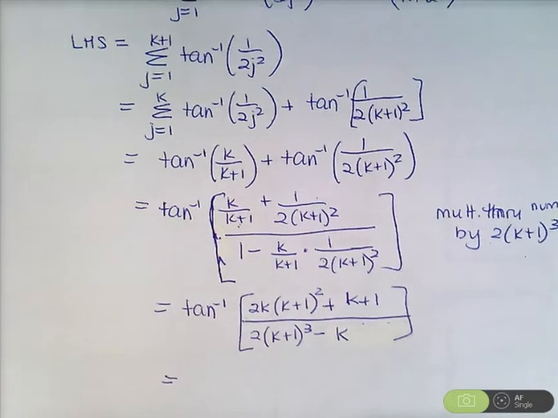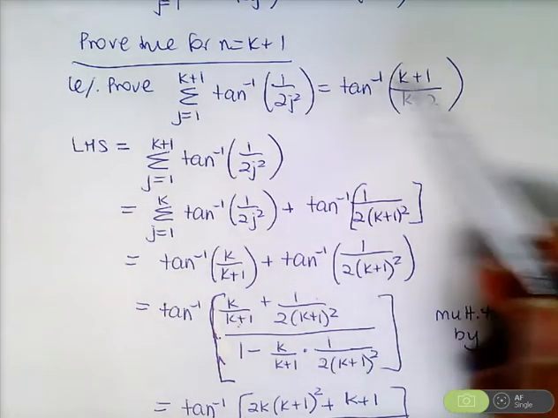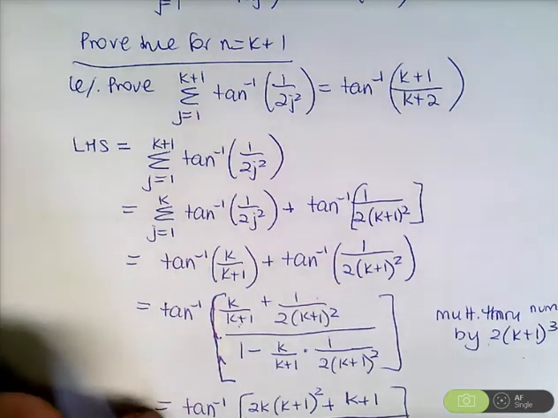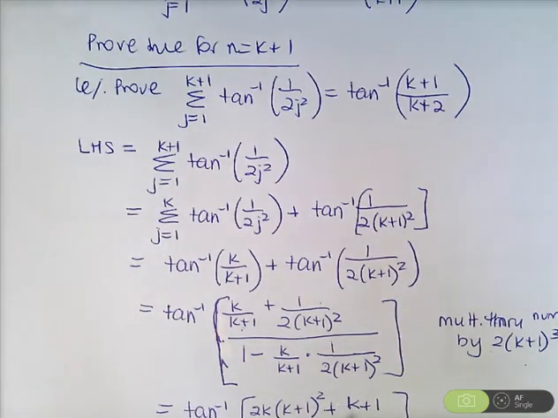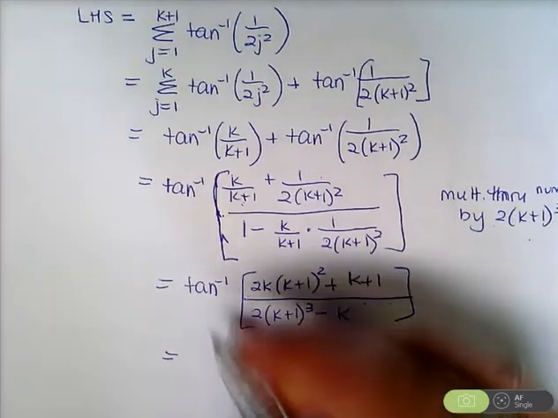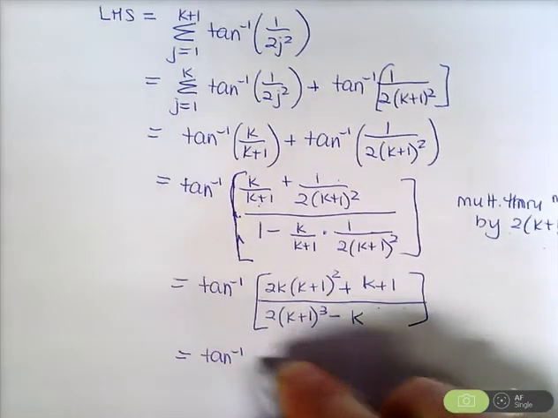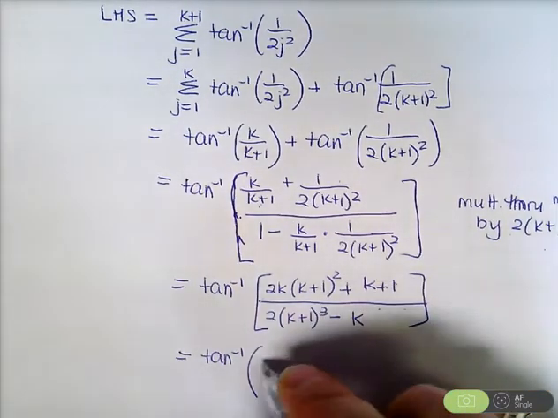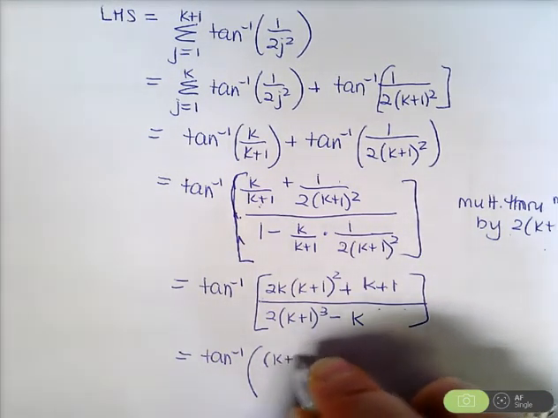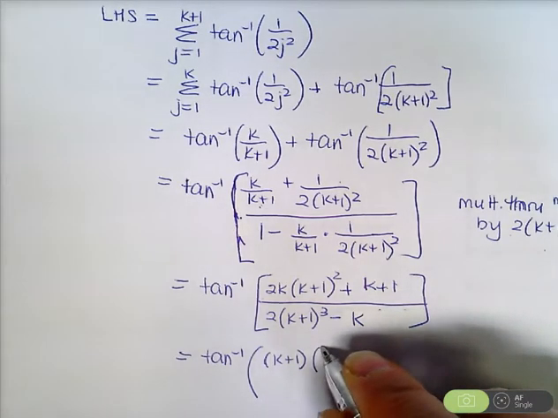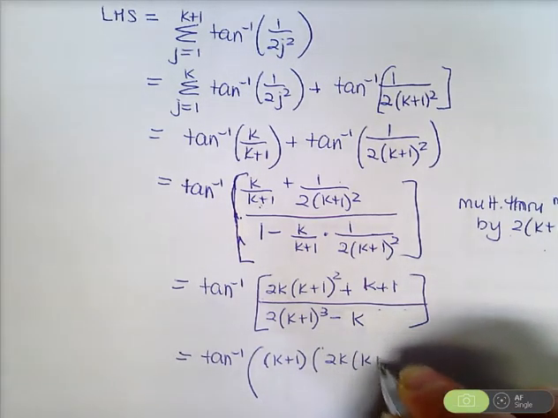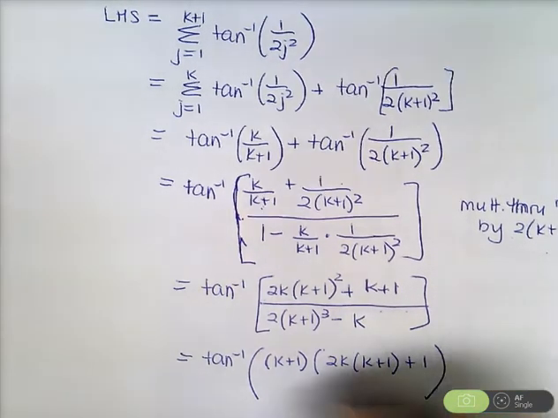Okay, we're trying to show that this is equal to inverse tan of k plus 1 over k plus 2. So we want a k plus 1 on the numerator factored out and a k plus 2 somehow on the denominator. We can see we've got a common factor of k plus 1 on the numerator, and what's left over will be 2k bracket k plus 1 plus 1.